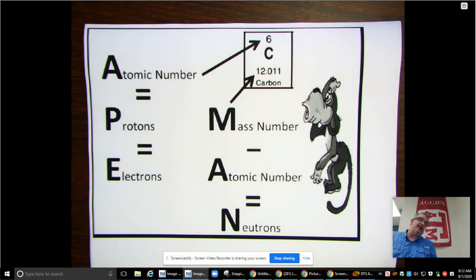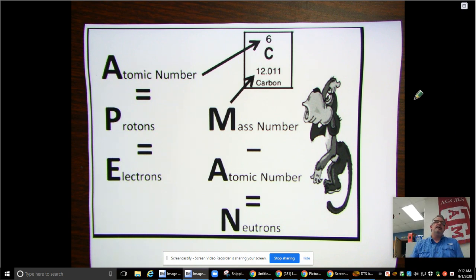All right, so yesterday we talked about the parts of the atom: protons, neutrons, and electrons. And so today we're going to focus on using the periodic table in order to determine how many of each of those three things are in an atom.